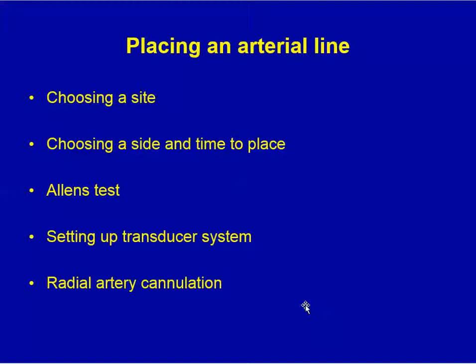Now, a few things about placement of arterial lines. I want to talk first about choosing a site, and then the side and the time of placement, say a few words about Allen tests, and then some specifics about inserting these lines.